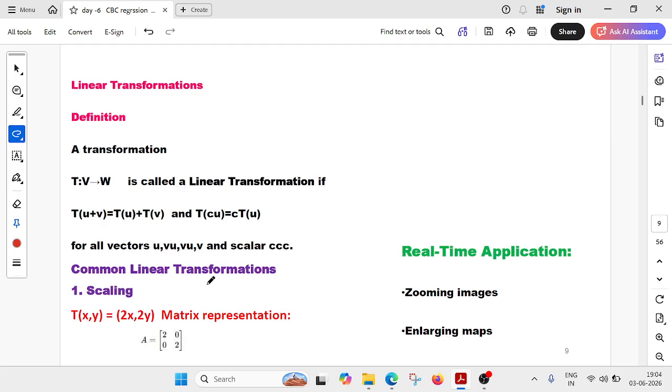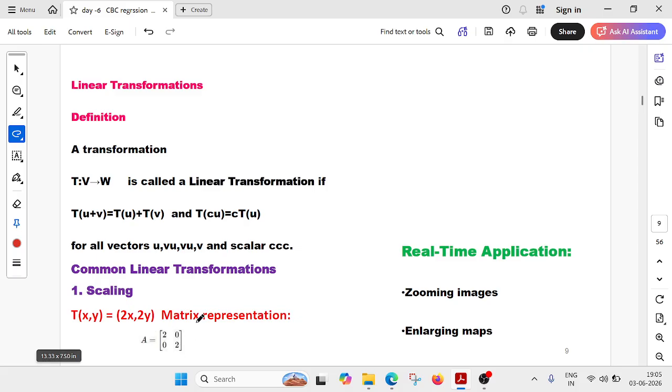Then common linear transformations. I hope I showed you the scaling, how the matrix scales. I'm going to give a brief now, because we don't intend to talk only about linear transformations. T of X, Y equals 2X, 2Y is the matrix representation. How do you represent it?